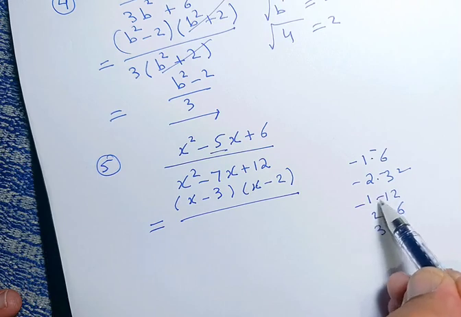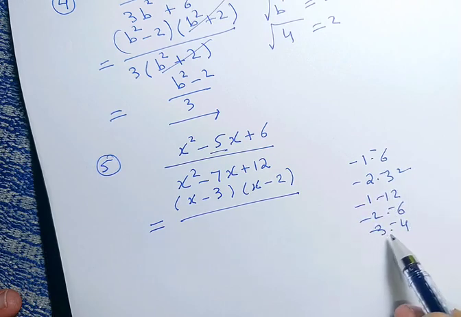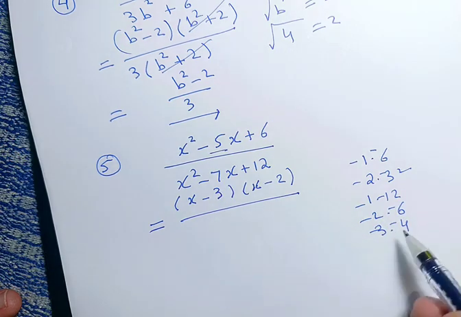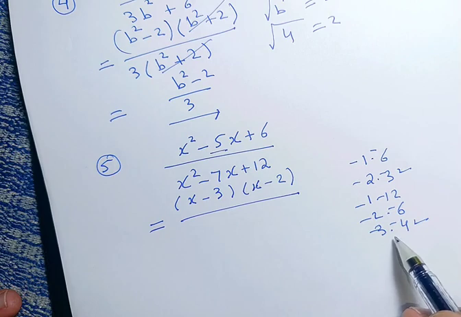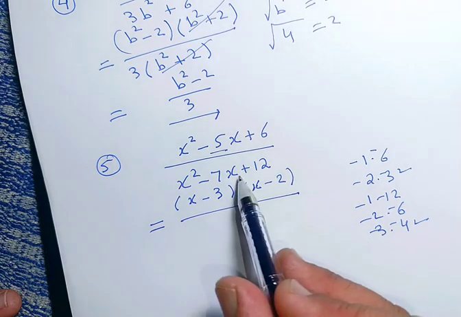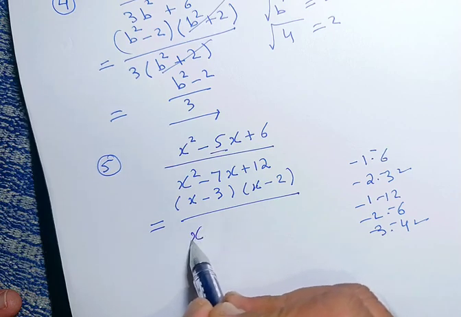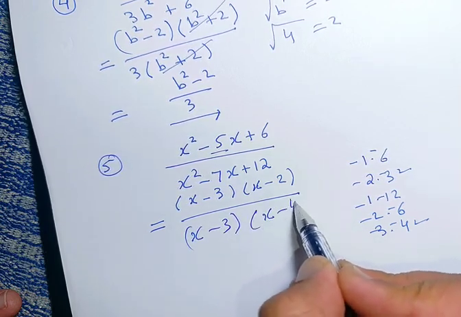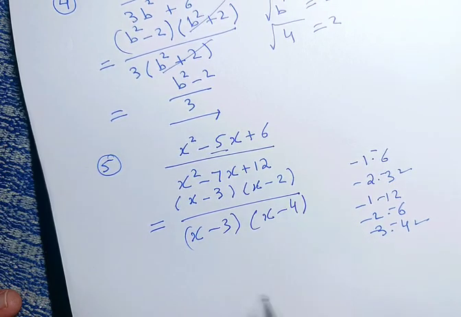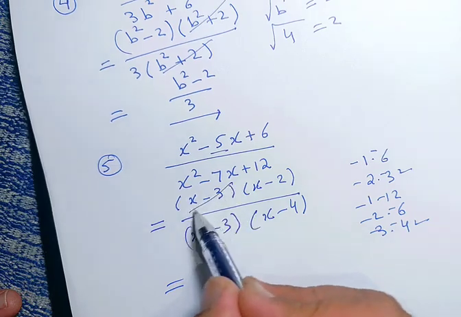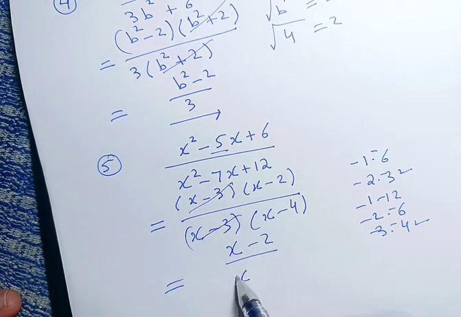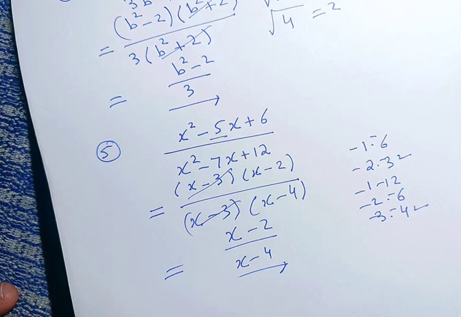Both must be negative, and adding these two, the answer must be negative 7. So these two will be the factors of this expression: x negative 3 and x negative 4. Now these two cancel out, so on top x negative 2, at the bottom x negative 4. This is my final answer.